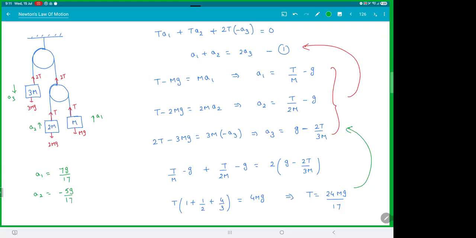Minus indicates my direction is wrong. It's not going up, it is going down. A3, 2T by 3m, so 16g by 17 plus, so my direction is right. It is going down only. That's right. So clear with this.